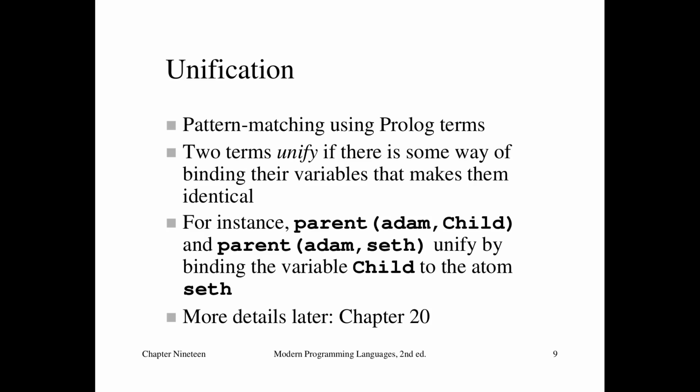For example, if we had a compound term parent with two items, an atom and child, which is a variable, and a second one, parent with Adam and Seth inside the parentheses, we can unify these two together by binding the variable child to the atom Seth, thus making them identical. I think we'll go a little bit more in depth on this in chapter 20, which is Prolog part 2.